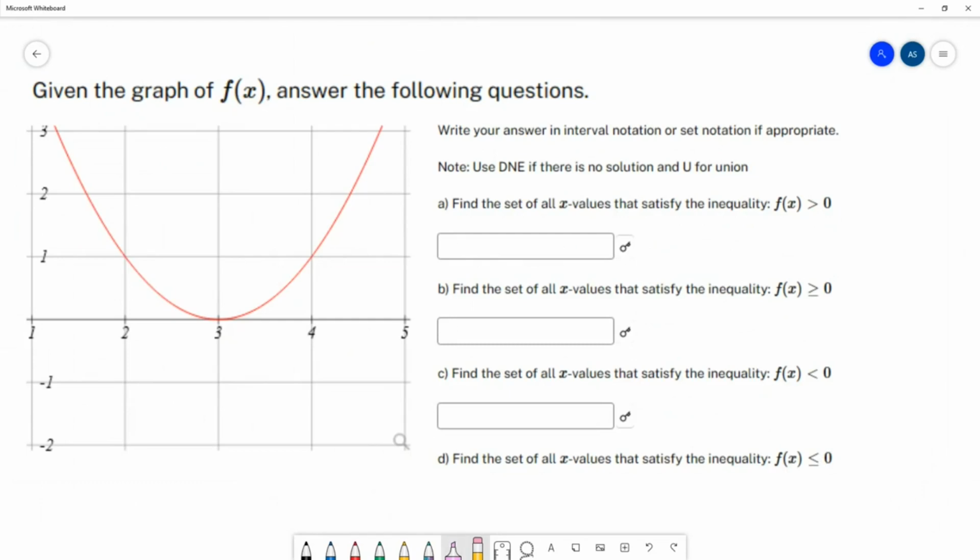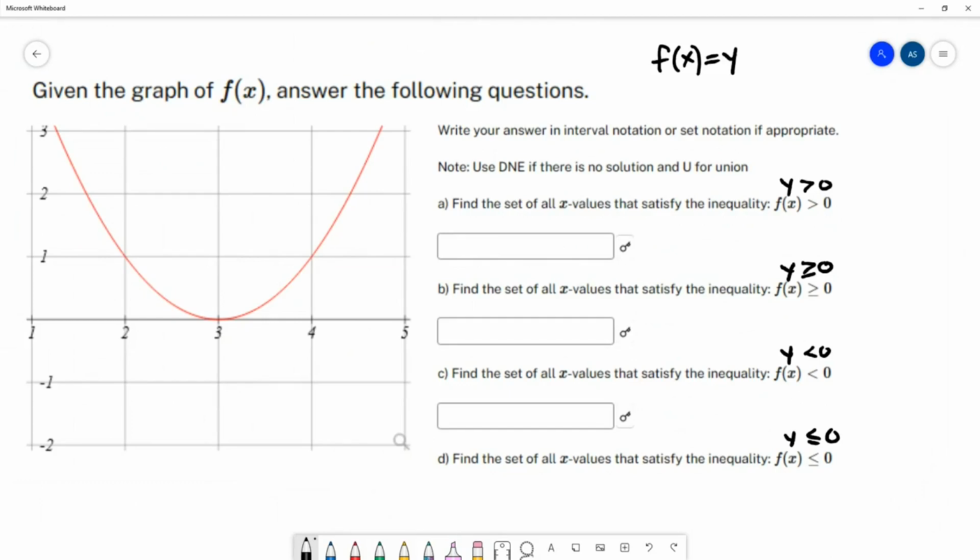One thing to note is that f of x is the same thing as y. So when we read these, we're saying y is greater than 0, y is greater than or equal to 0, y is less than 0, y is less than or equal to 0. We want to make sure that we can get that information from our picture.